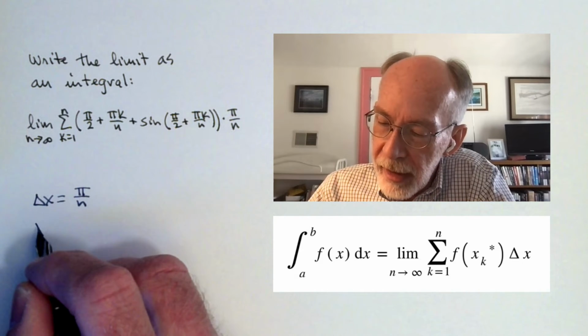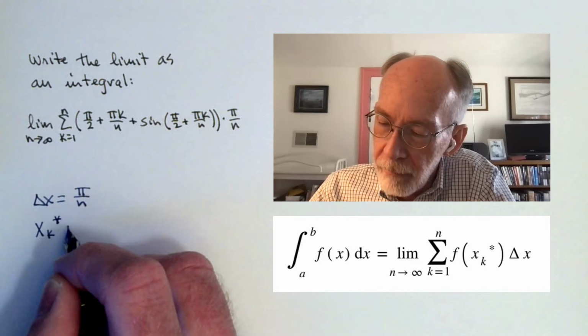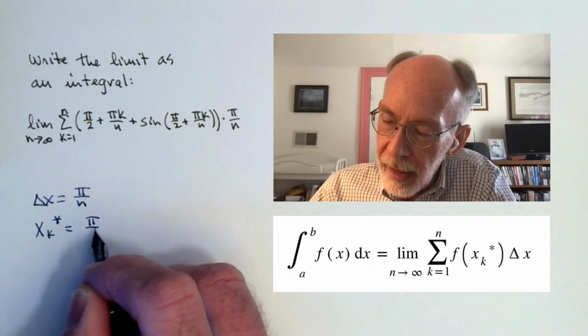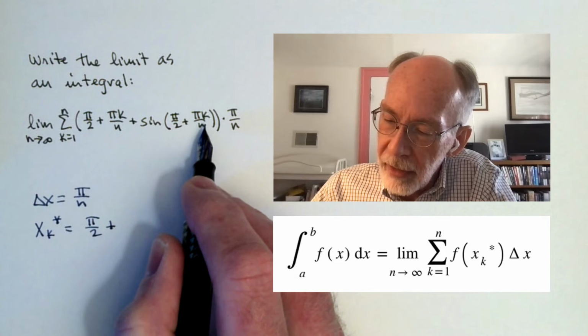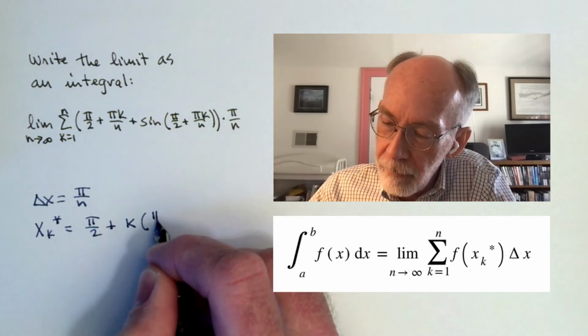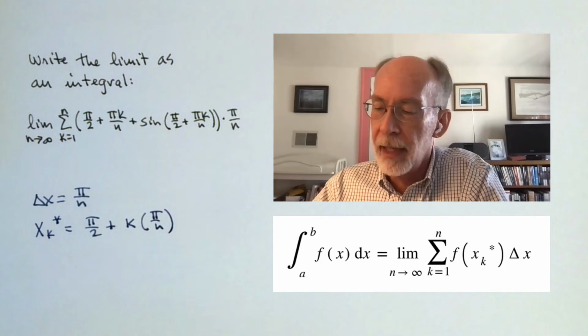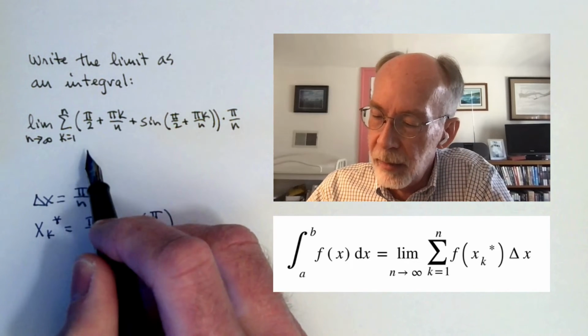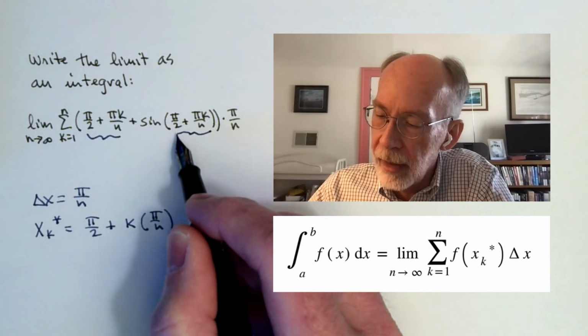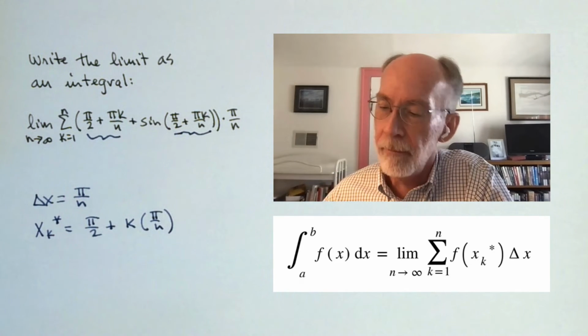So let's imagine that x sub k star is pi over 2, which is a, plus k times pi over n being delta x. Then this thing would be an x sub k star. This thing would be an x sub k star.